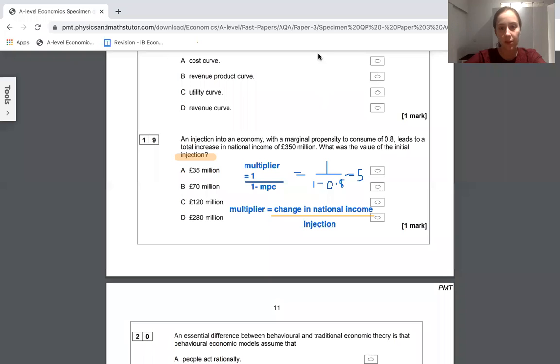So now I can use the knowledge that the multiplier is 5. I don't know what the injection is, but I'm told that the income changes by 350. Rearrange that, 5x equals 350. Get the x by itself. 350 divided by 5 gives you 70 million. So B is the answer for that one.